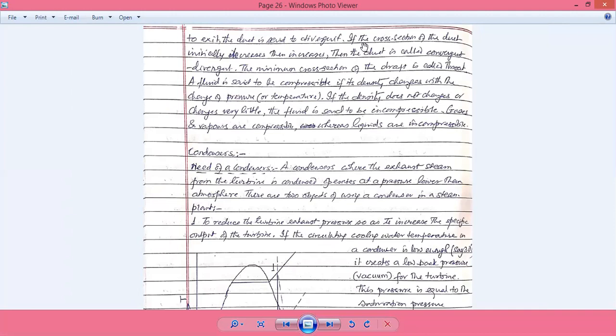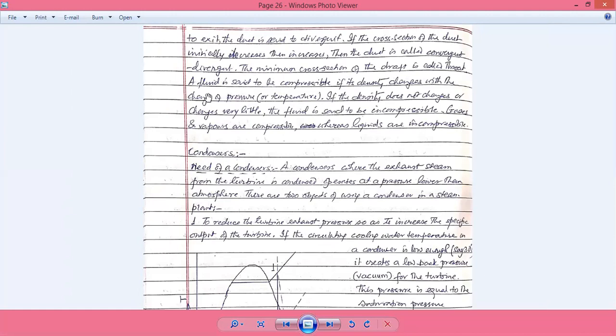If the cross section of the duct increases continuously from inlet to exit, the duct is called divergent. If the cross section initially decreases and then increases, the duct is called convergent-divergent. The minimum cross section of the duct is called the throat.